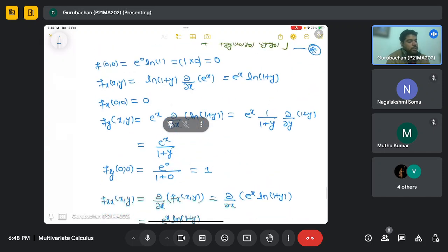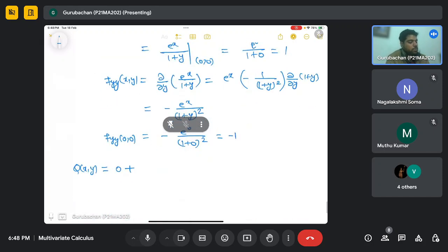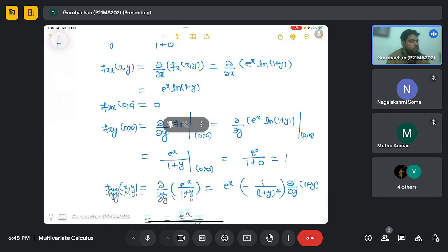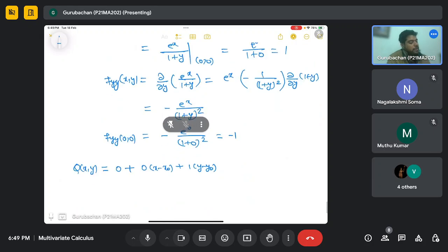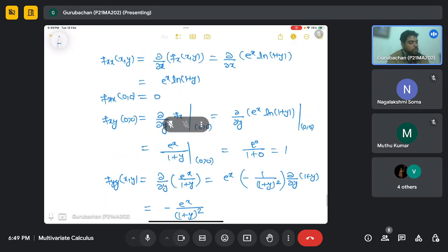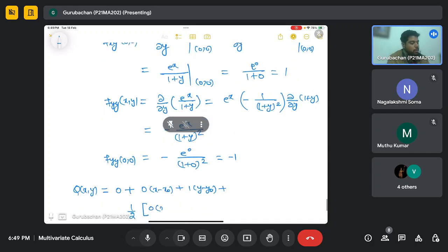fx, the first partial derivative at 0, 0 is again 0, 0 times (x minus x naught), plus fy at 0, 0 is 1, 1 times (y minus y naught). Now the second order partial derivatives, 1 by 2 times fxx at 0, 0 is 0, 0 into (x minus, here let me replace x naught, y naught with 0.